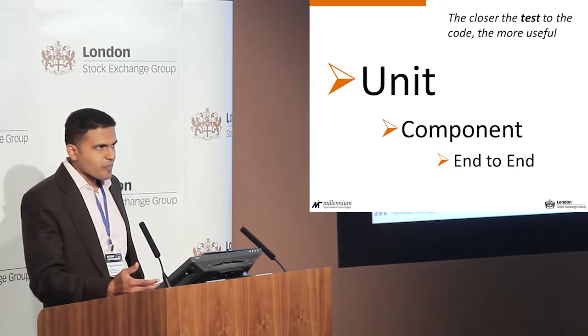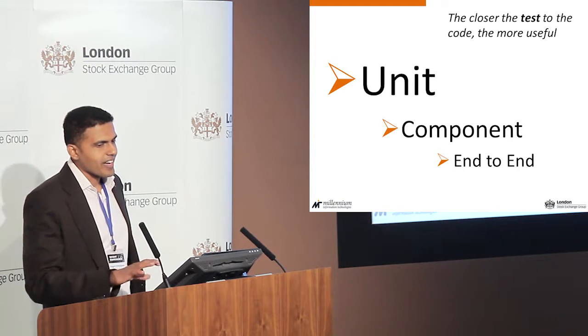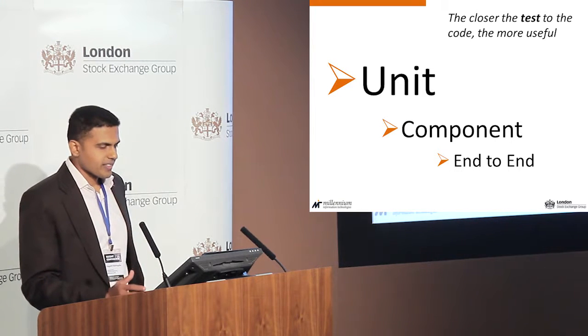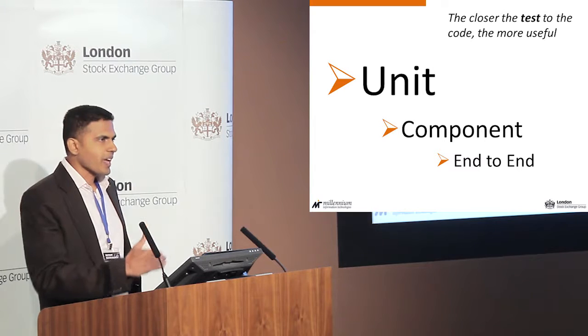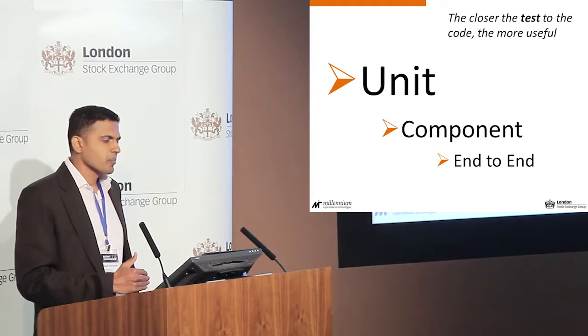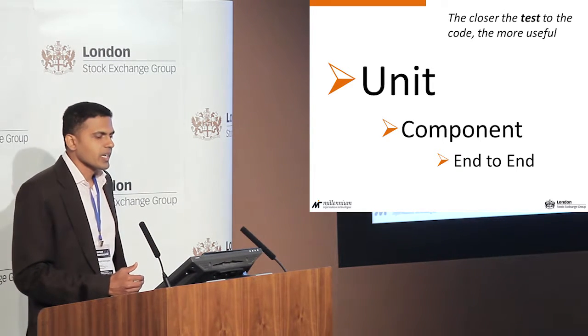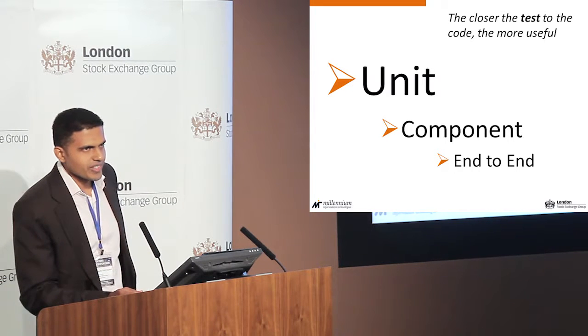Of course, at a higher level, we do similar testing at end-to-end level. But having these multiple layers makes it easy for us to isolate defects at the development phase.